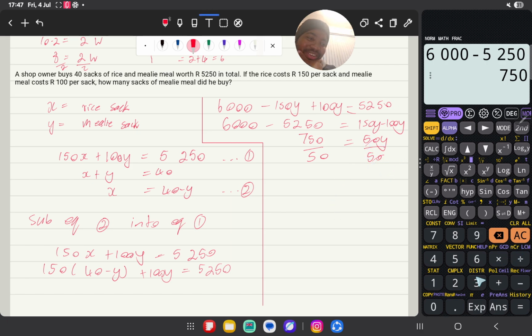Let's see, 750 divided by 50. Yes, 15 equals y.